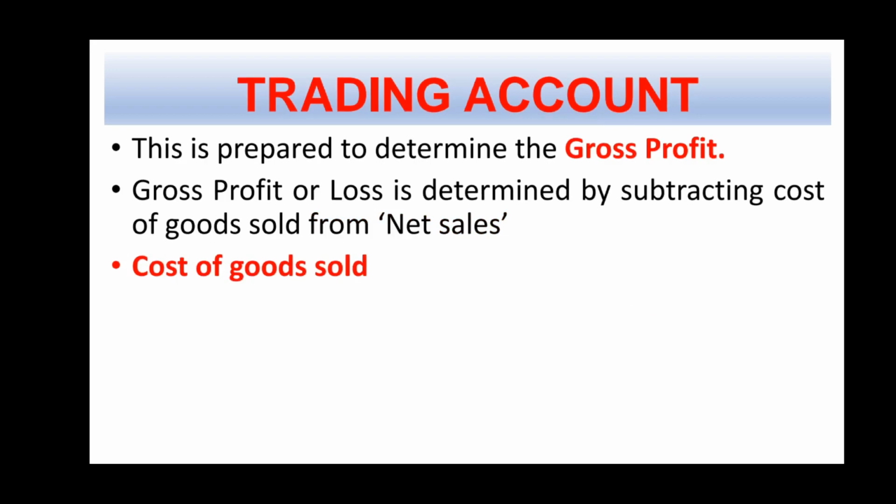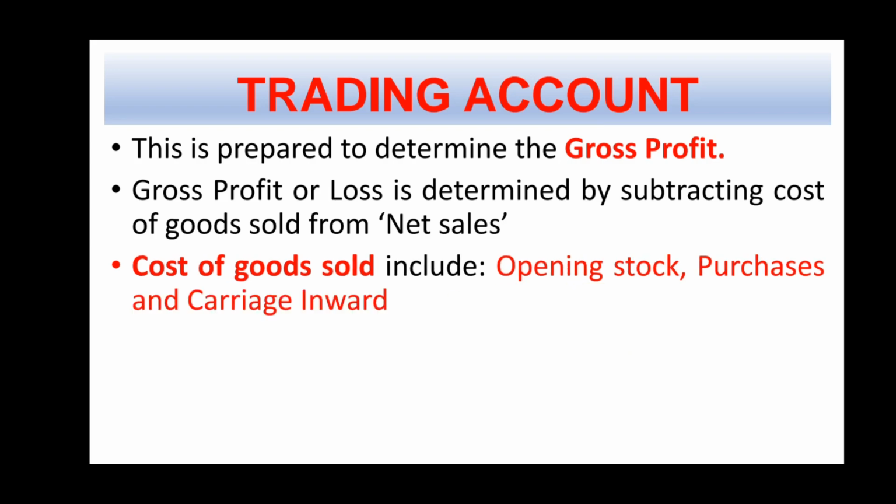What is the cost of goods sold? This includes opening stock, that is the amount of goods available in the business at the beginning of the period. Then add purchases, the total amount of goods you buy to join the ones you have in the business, and also carriage inward, that is the cost of conveying those items you bought into the business.